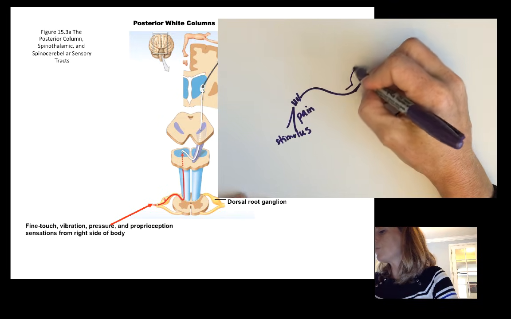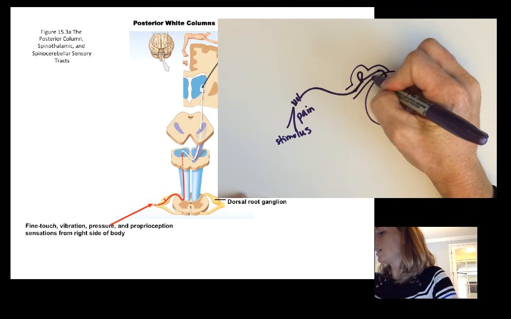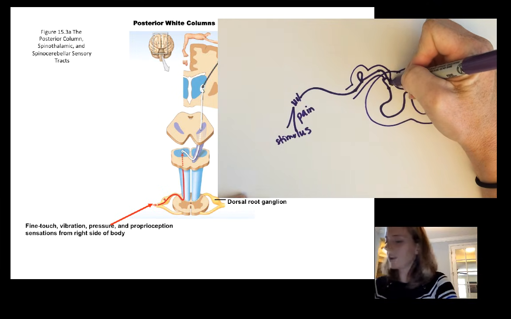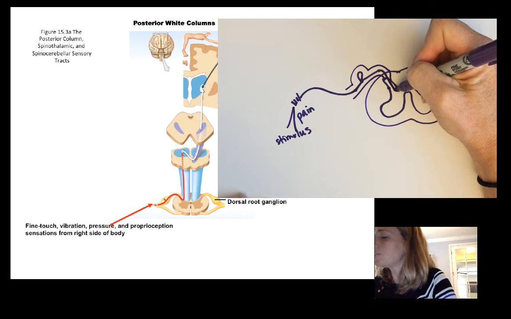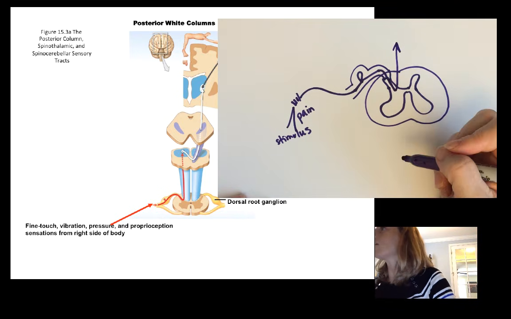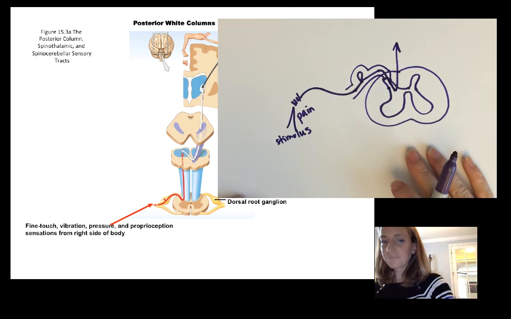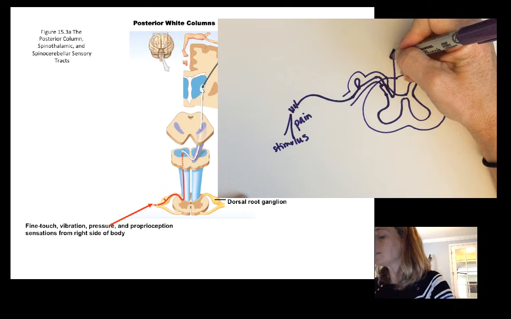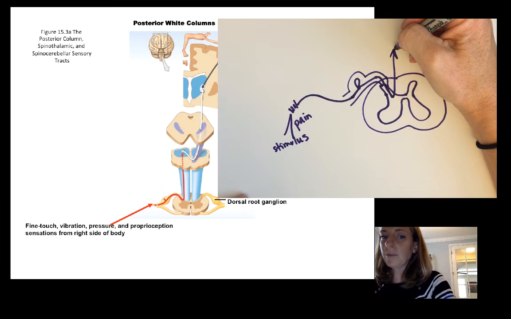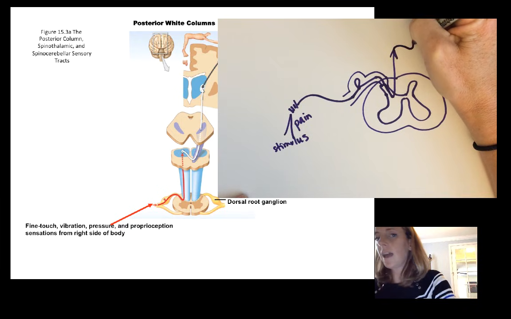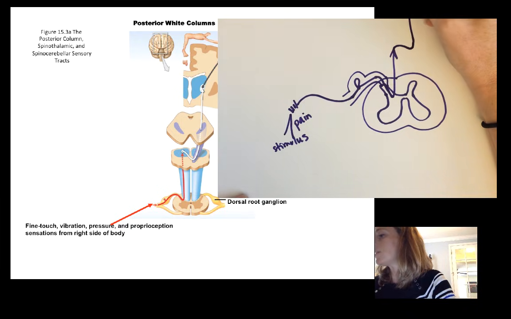So through the dorsal root ganglion and then into the dorsal horn of the spinal cord, that information is then going to be sent up the afferent sensory pathway. In this case, it's going to travel up the brainstem, up through the medulla, cross over, and then head to the thalamus.